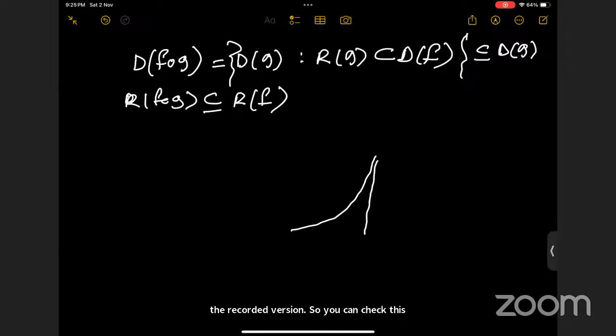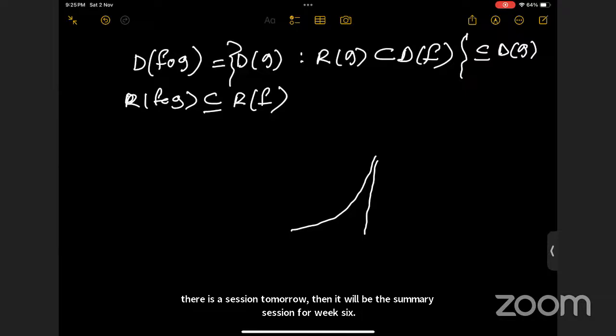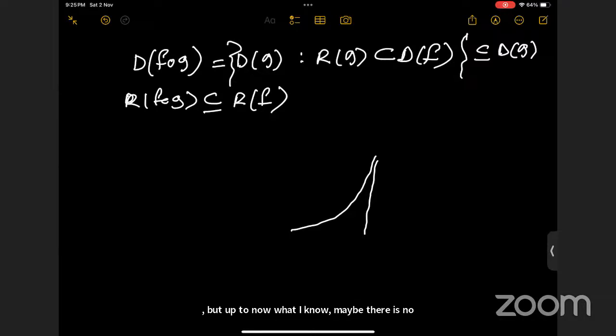There was a session, but I'm not very sure. If there is a session tomorrow, it will be the summary session for week 6, maybe. Up to now, what I know, maybe there is no Solve With Us session because you have the whole Solve With Us portion in the recorded version.